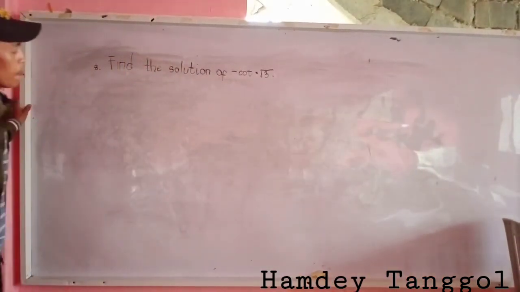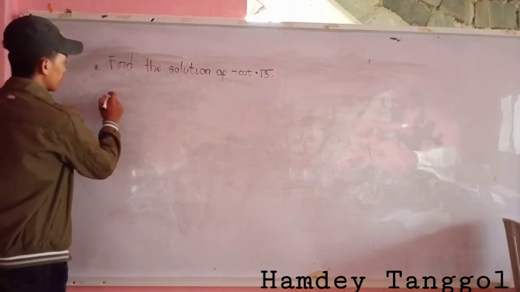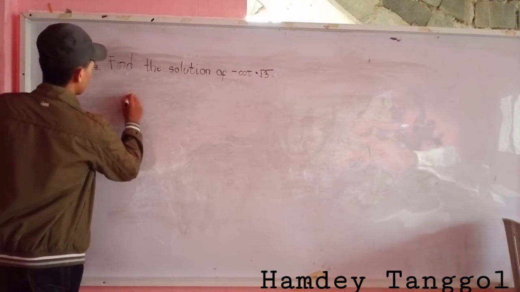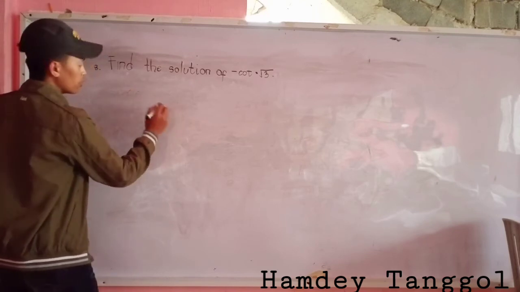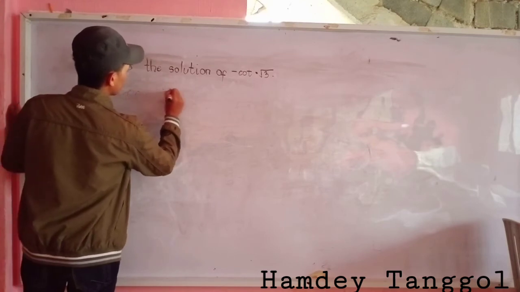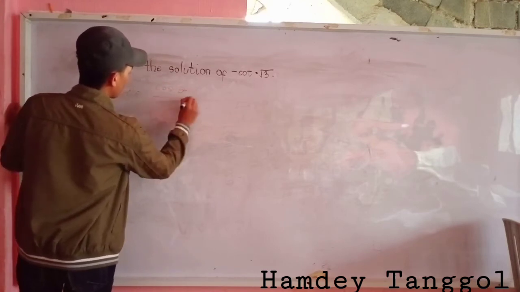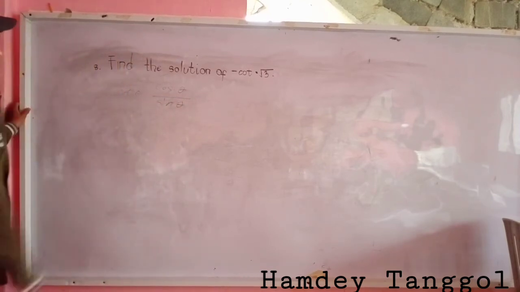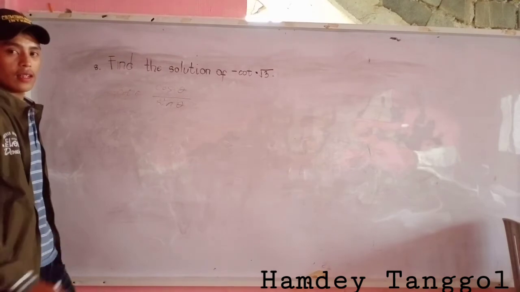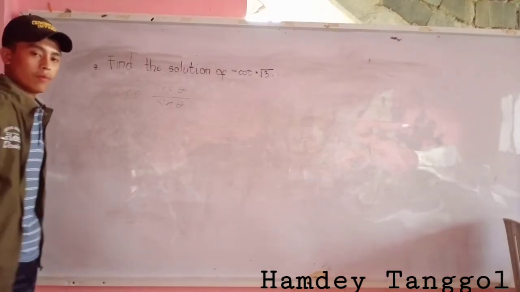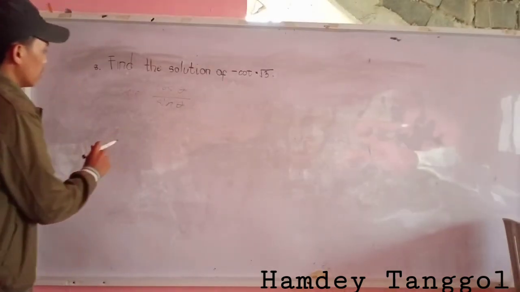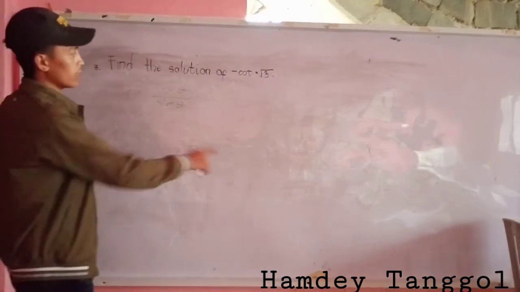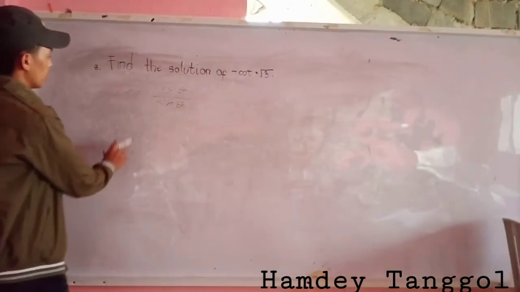Now I will discuss how to find the solution of negative cotangent equals square root of 3. The formula for negative cotangent of theta is equal to cosine theta over sine theta. Let's look in the table for a special angle that, when we divide, is equal to square root of 3.